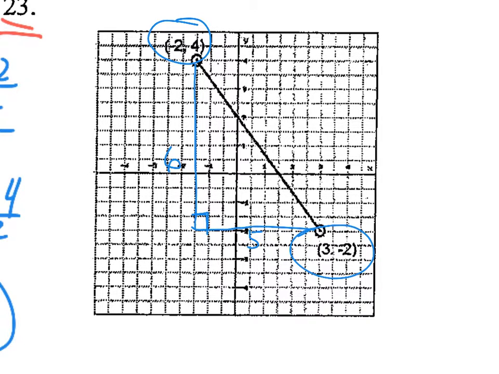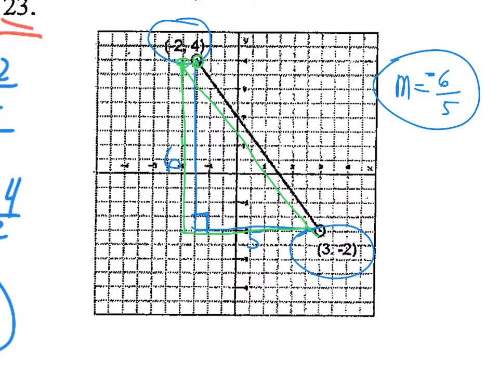So its slope is rising 6, running 5, but it's negative because it's going downhill. Looking more carefully at this, I see there's an inconsistency, because this point here should be over 1 to line up and be at (-2, 4). So that's what it should be. That way we would be going down 6 and right 5.